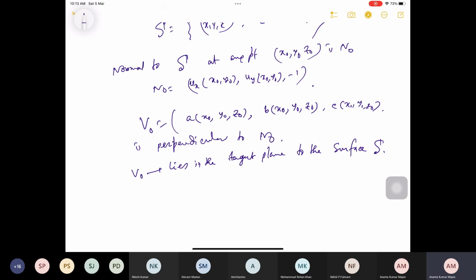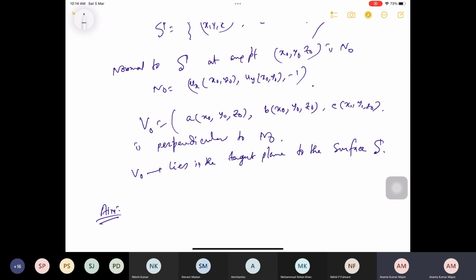Okay, so this is my aim. Just looking at any point (x0, y0, z0), because I am saying that if u is a solution, then I get this conclusion.